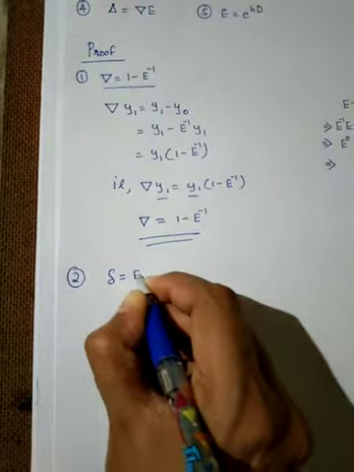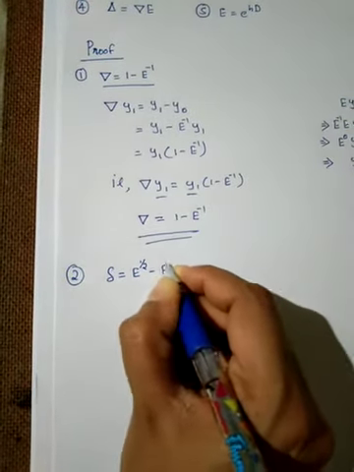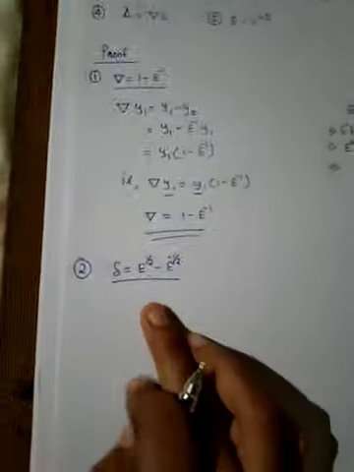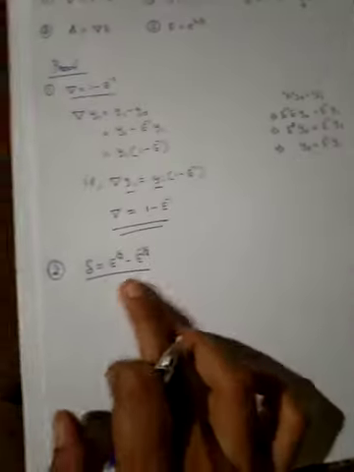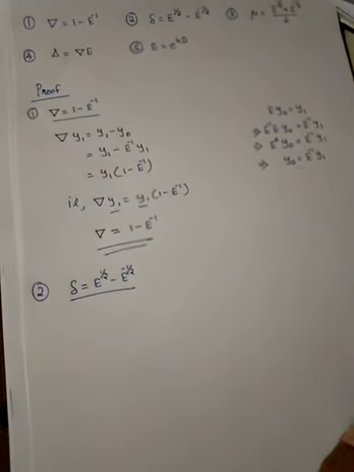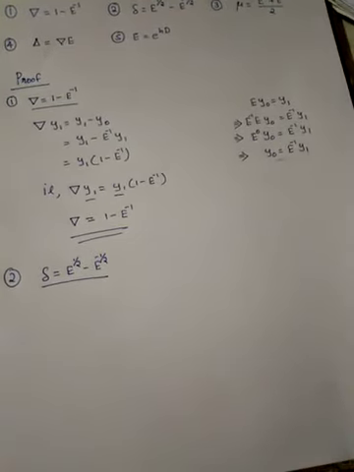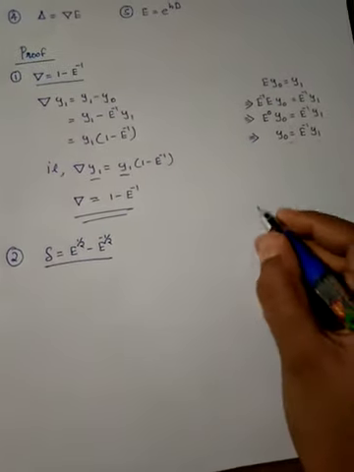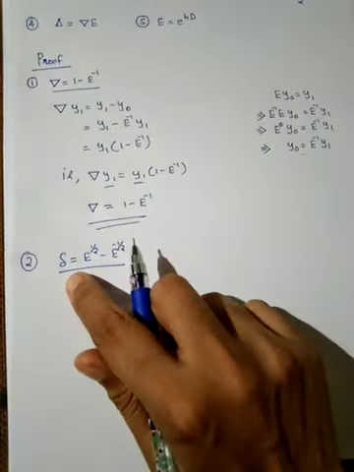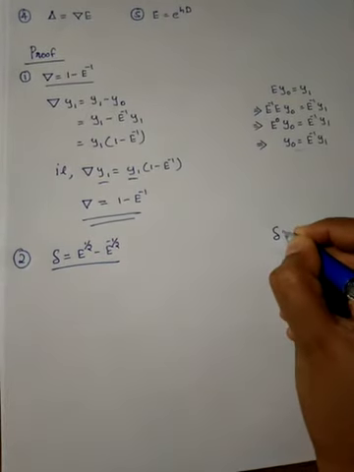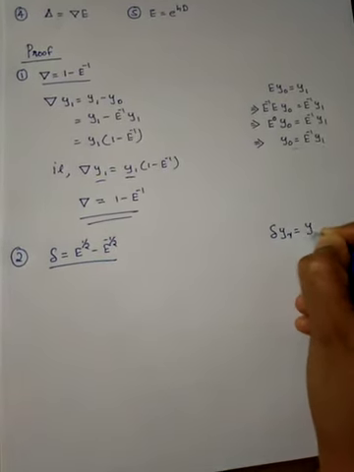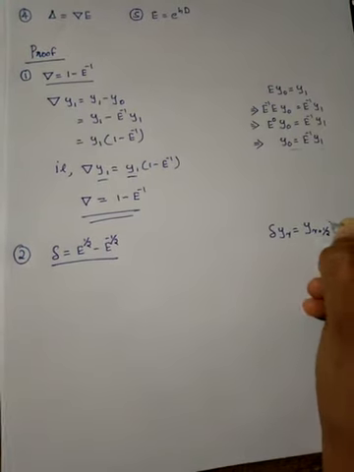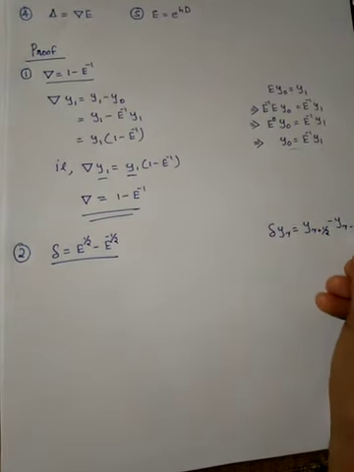δ equal to e raised to 1 by 2 minus e raised to minus 1 by 2. To prove this result, by definition, δ means central difference. Central difference: δyr equal to yr plus 1 by 2 minus yr minus 1 by 2.